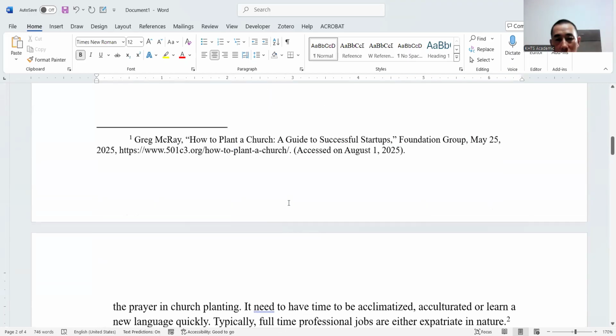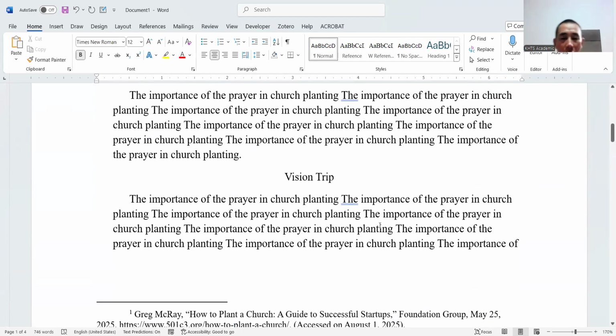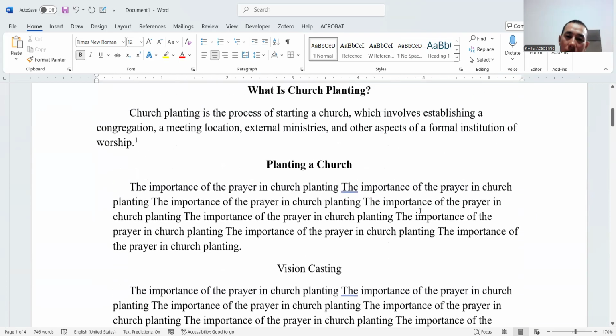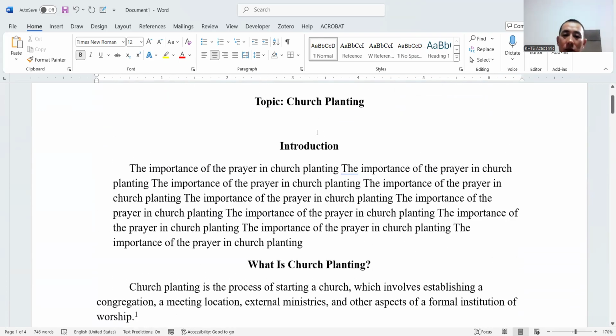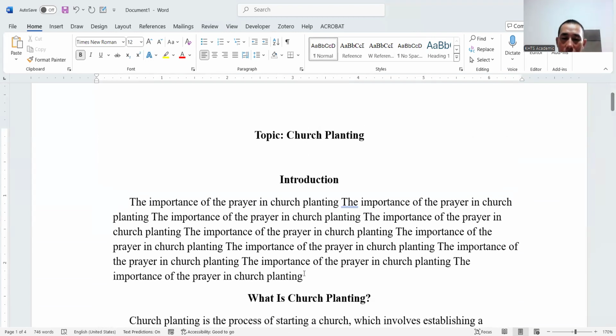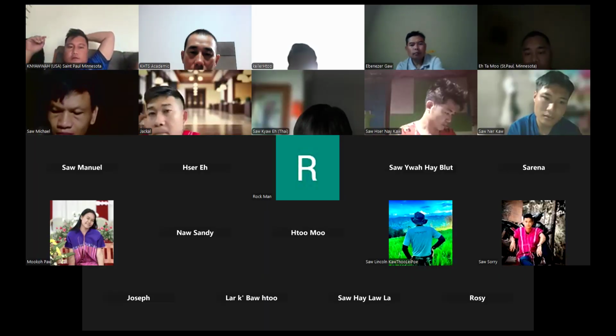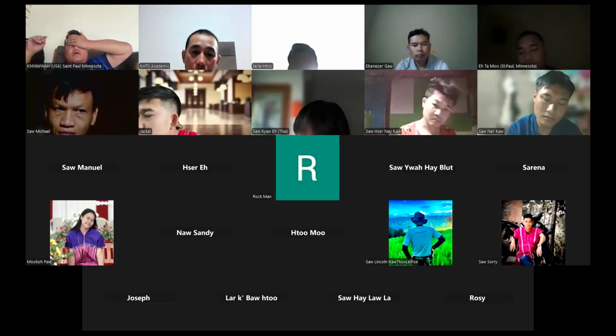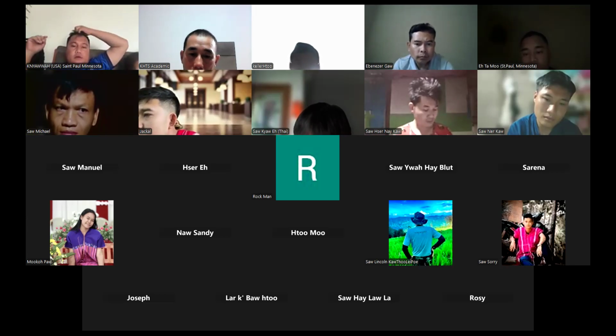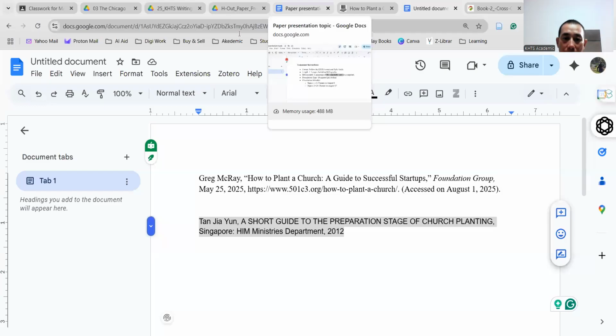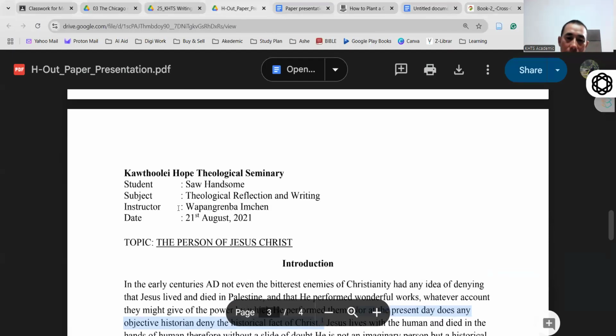Next class, you are presenting your paper, and that is something that I want you all to be clear about in your paper presentation: how we get the resources and work them into the paper. You can either write just your name, or it will be proper to do it like this.